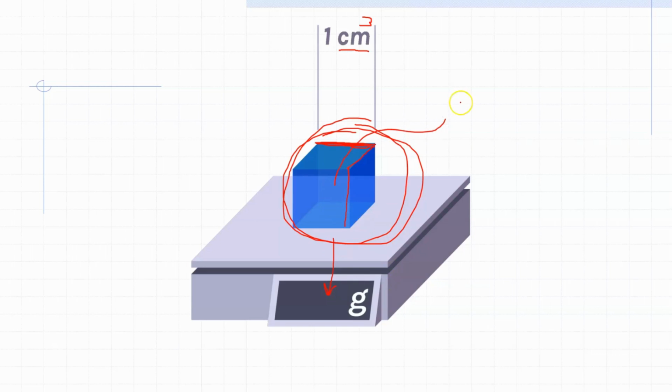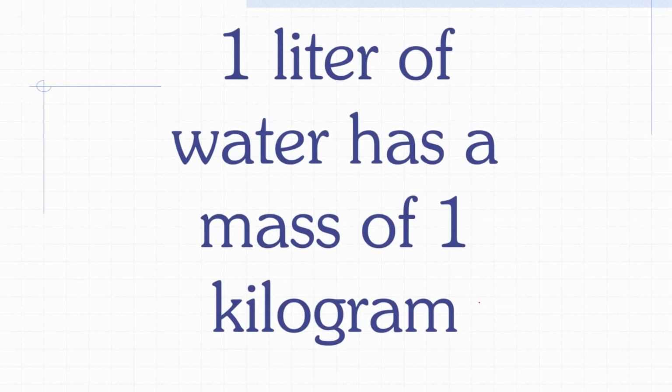The mass of 1 centimeter cubed, or 1 milliliter, or essentially a drop of water, is about 1 gram. 1 centimeter cubed has a mass of about 1 gram. Extend that further, 1 liter of water has a mass of 1 kilogram.